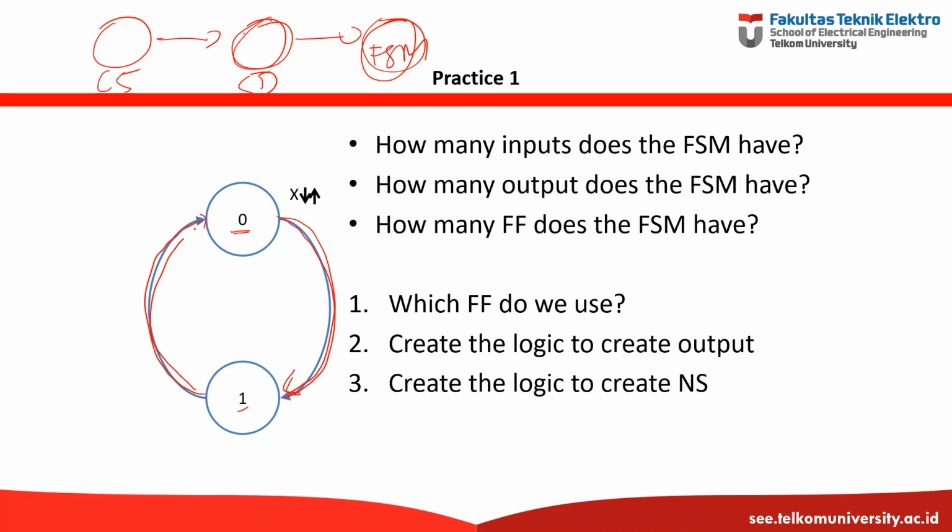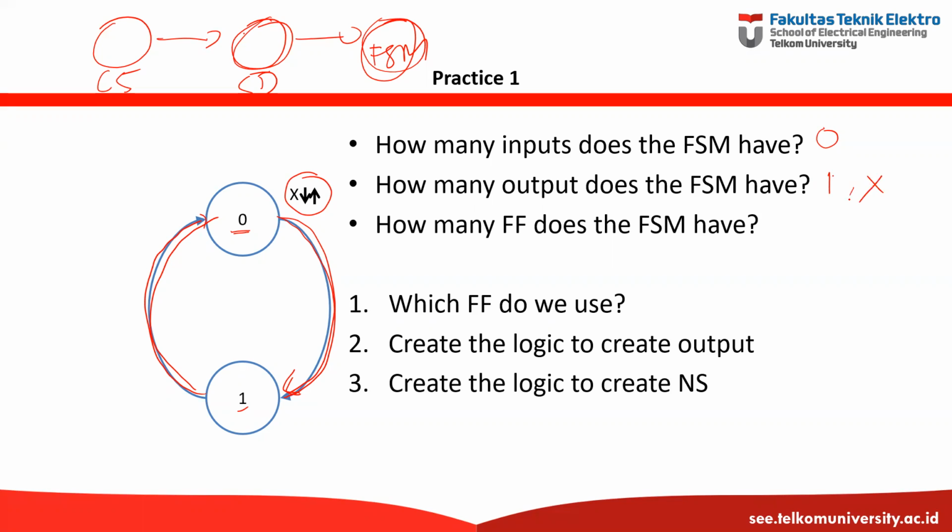Clock again, move to 0, etc. So there is no input in this state diagram because there is no variable that the changing depends upon. So how many inputs? 0. Now, how many outputs? Yes, there is an output here, X. So there is one output, which is X.